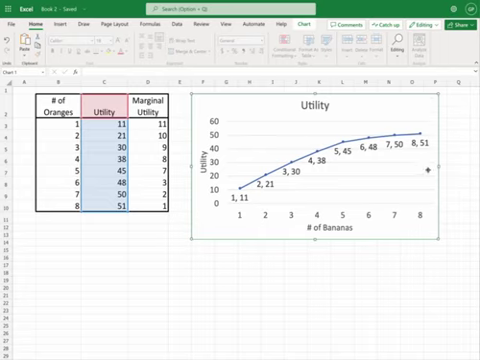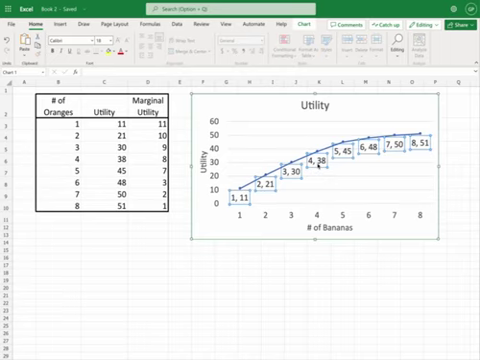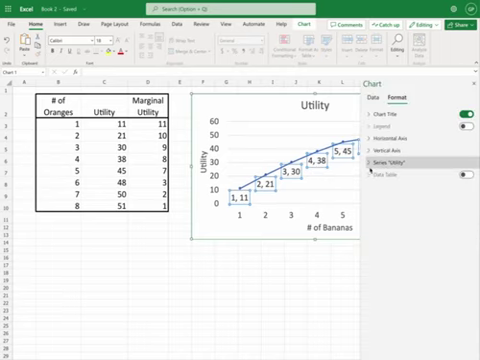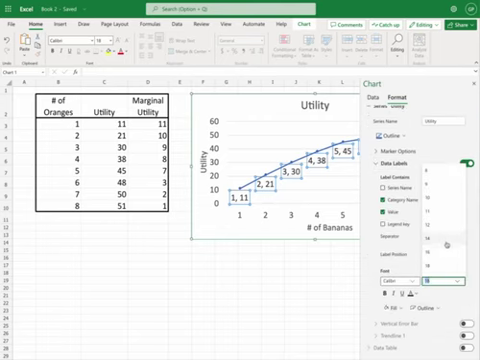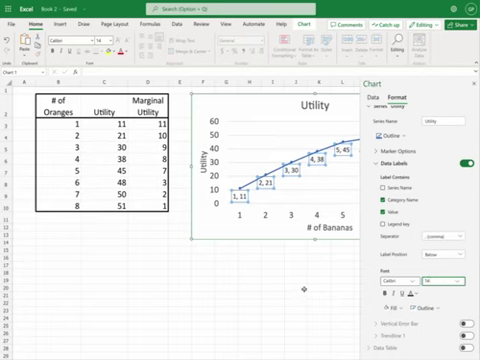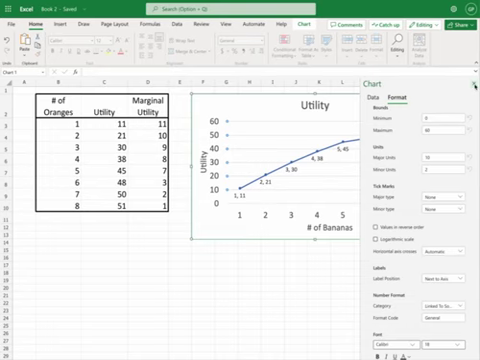So I check below, and that's a little bit better. I think maybe with this font, I'll make the font a little bit smaller. So the series utility, data labels, font, let me go down to 14, maybe 12. There you go.